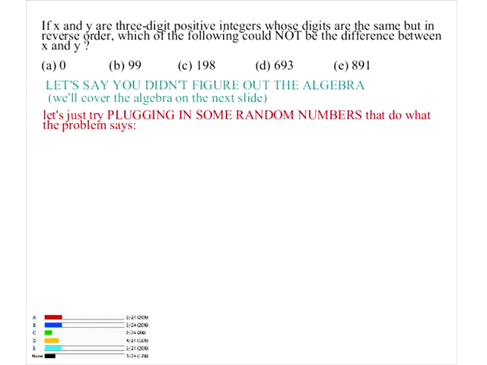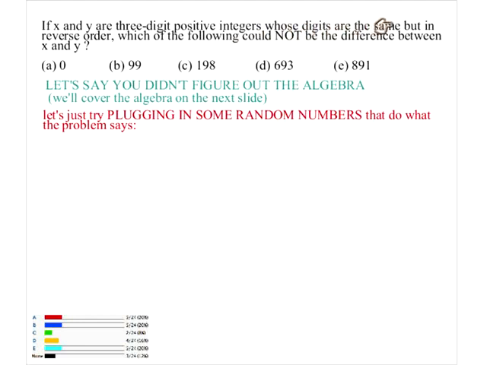Who in the text box can give me some random numbers that do what the problem says? 3-digit positive integers whose digits are the same but in reverse order. 841 and 148, and 321 and 123. This doesn't mean numbers like 101 necessarily.